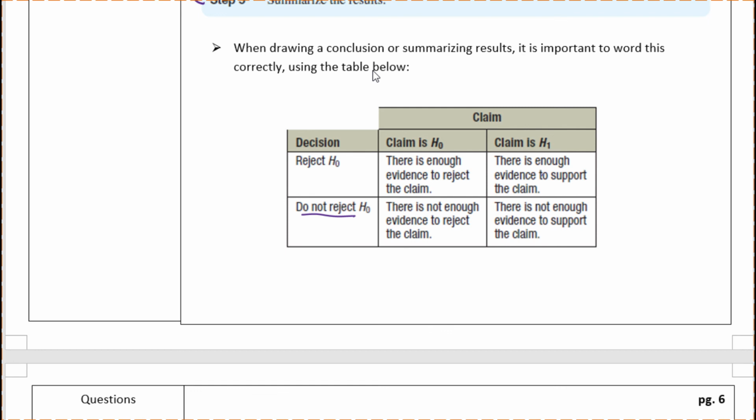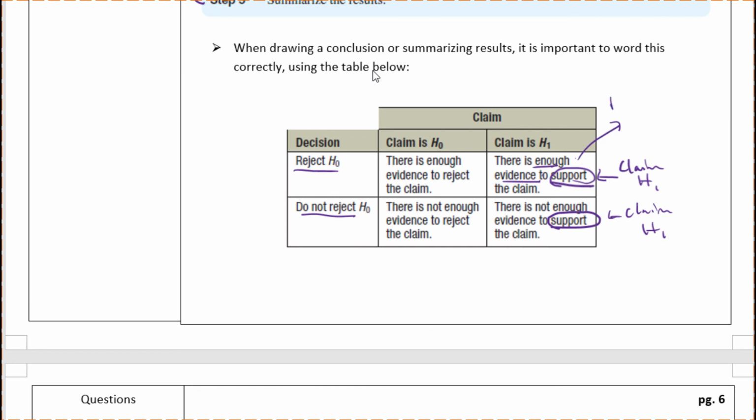So notice that if the claim is H1, we use the word support. So claim H1, and if we reject, then we say there is enough evidence.